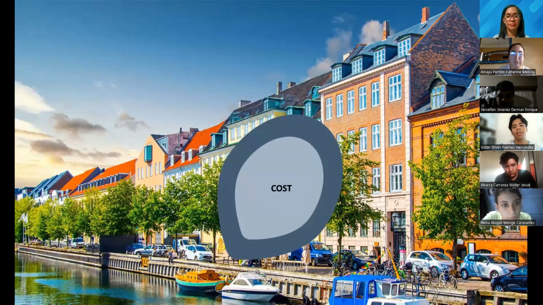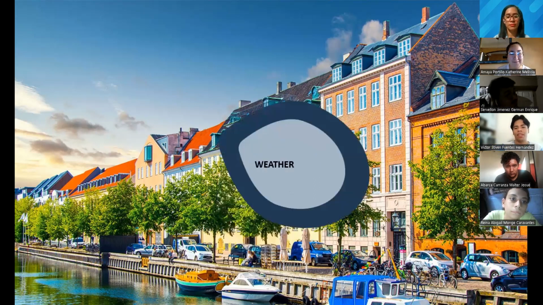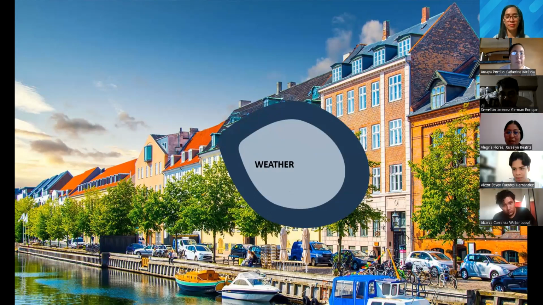About the cost, I think the cost is a little bit cheap because if you work in that country, you can make a lot of money, and so you will feel that it's pretty cheap, and it's a good option for you. And the last one, the weather. Sorry, I don't know if you can listen because my internet is too bad. Yes, it's perfect right now.